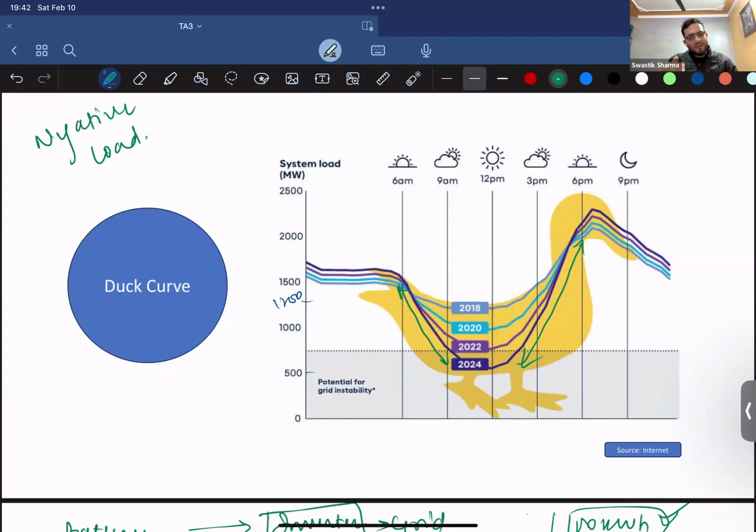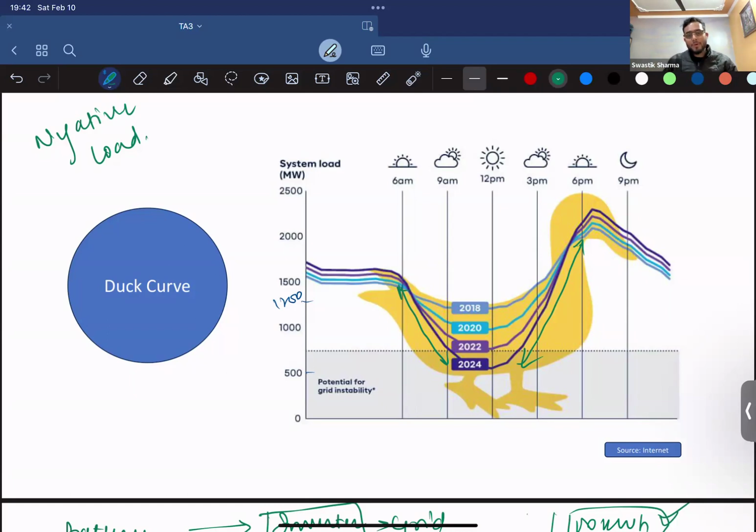So why not have a battery energy storage system with these renewable energy sources, so that you don't have load curtailments, you don't have brownouts, you don't even have blackouts due to ramping rates, and your load and supply is continually balanced as well.